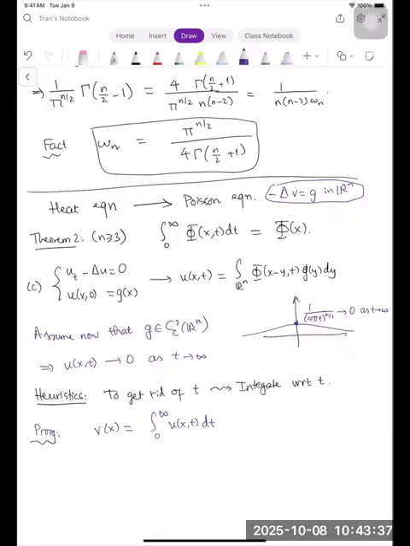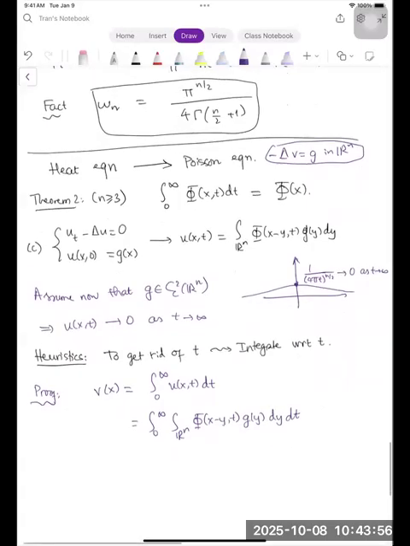I can write out the formula, because I know what u of x,t is: the integral from 0 to infinity, integral in Rn, of phi of x minus y, t times g of y dy dt. And now I'm going to use Fubini, because I can change the order of the integrals.